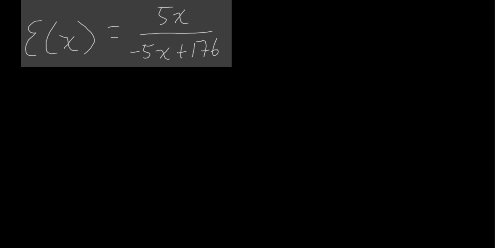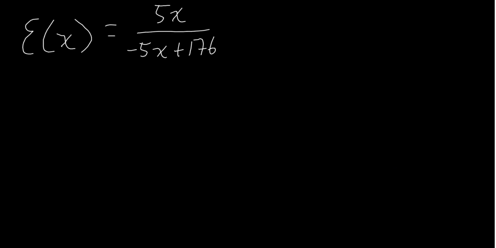All right, so this is E of x, setting it equal to 1. We've got 5x divided by negative 5x plus 176 is equal to 1. Right? And let's do the arithmetic. So we're going to multiply both sides by negative 5x plus 176.